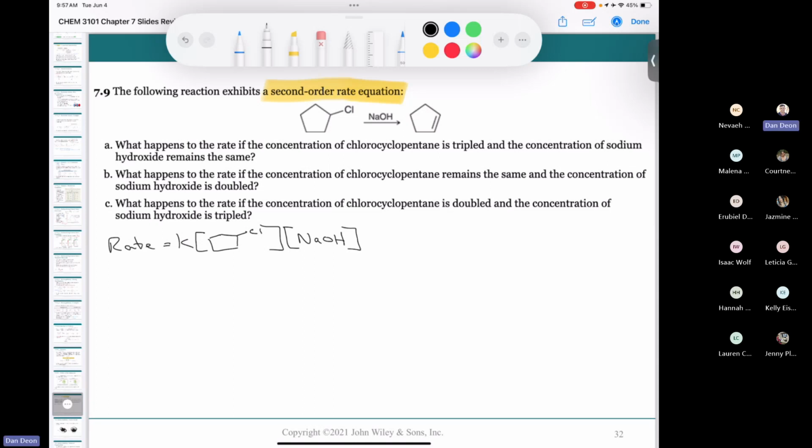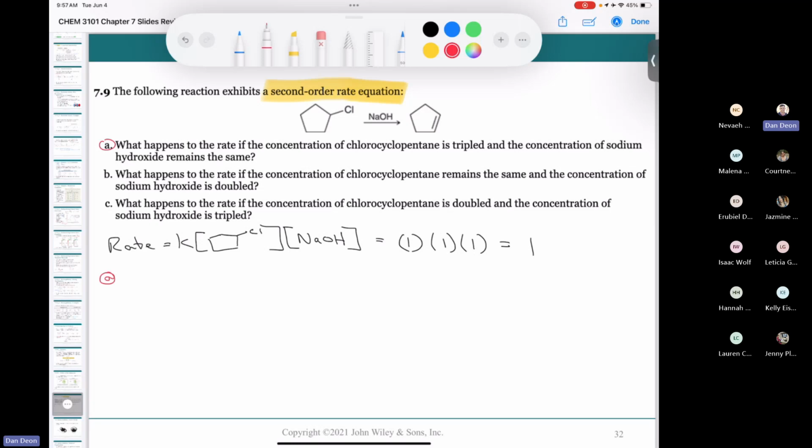Okay, there we go. So in A, it says what happens if the concentration of the chlorocyclopentane is tripled and the concentration of the sodium hydroxide remains the same. So let's imagine that the rate constant is 1, the concentration of the chlorocyclopentane is 1, and the concentration of the base is 1. Then you'd end up with a rate of 1.